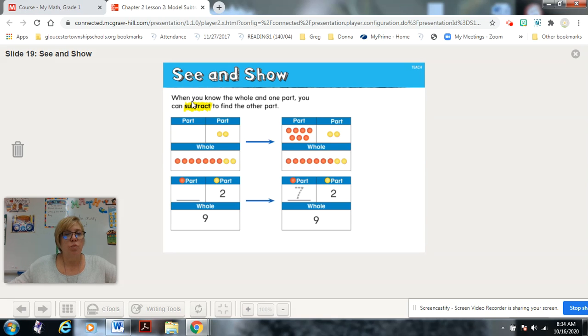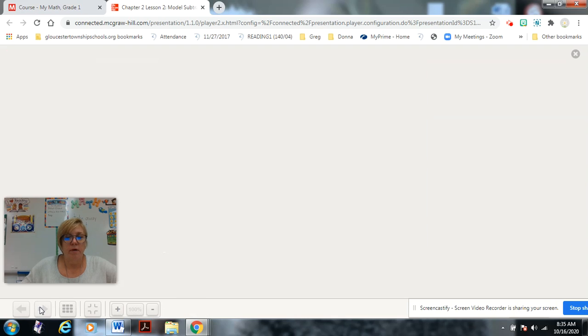So it says, when you know the whole and one part, you can subtract to find the other part. So right here, they have 9 counters, and they knew that 2 of them were up in one of the parts. Now, they moved the other remaining ones up here, okay? So there's the empty part and then the 7, okay?